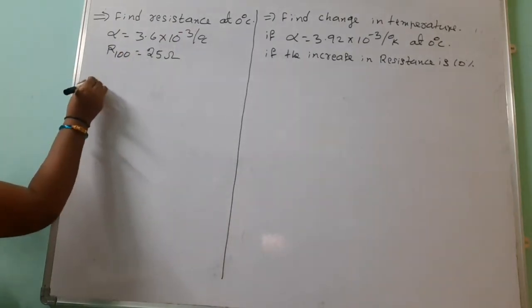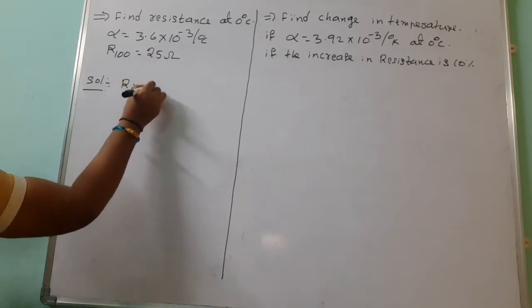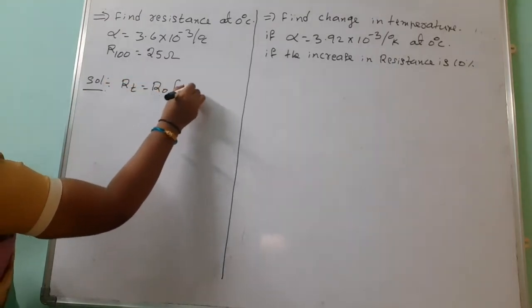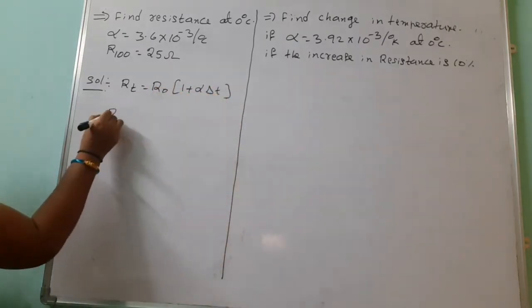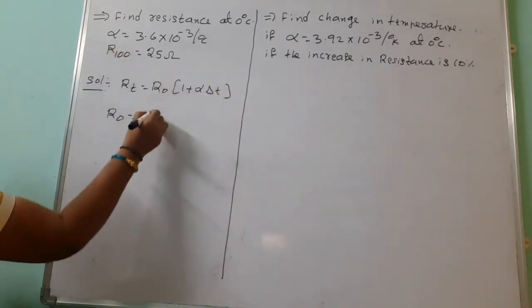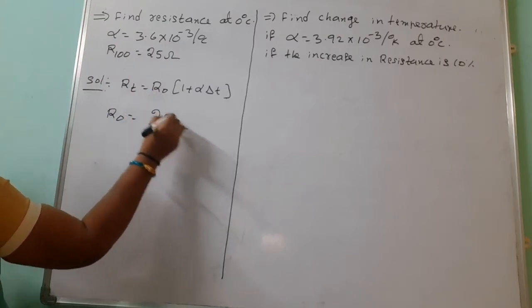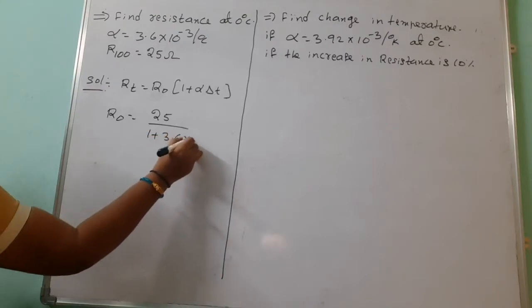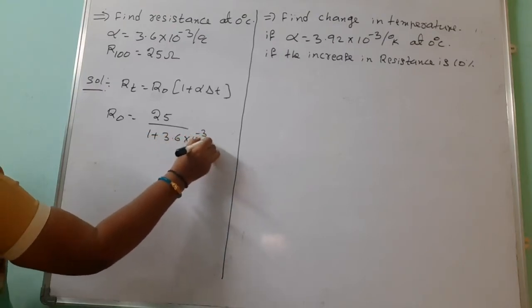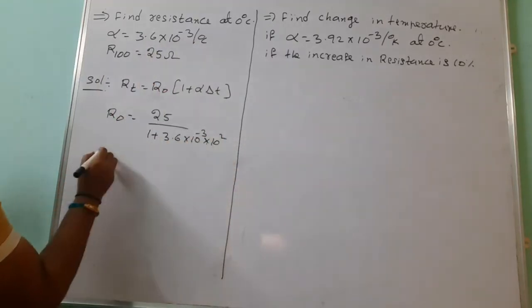Already we know that RT equals R naught into 1 plus alpha into change in temperature. From this, R naught equals RT, which is 25 ohms because T is 100 degree centigrade, divided by 1 plus alpha, 3.6 into 10 to the power of minus 3, times the change in temperature, 100, which we can write as 10 square.